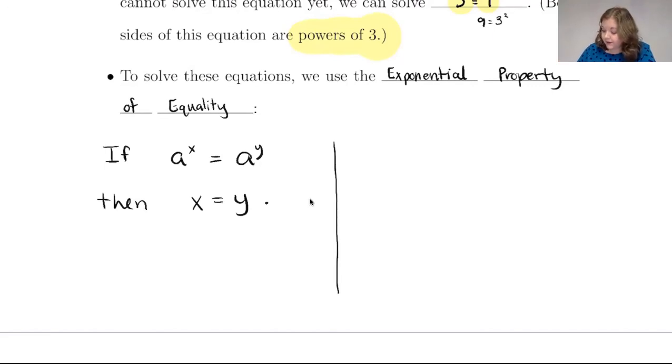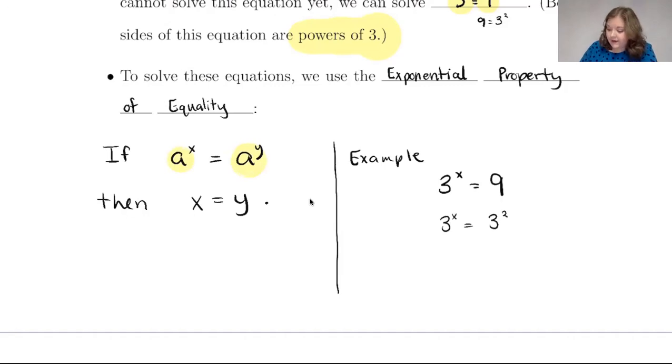So if we do the example from above, 3 to the x equals 9. Well, we need the same base. So if you look over here, we have a and a in the bottom. We need to have the same base. Well, we know 9 is 3 squared, so we can write it as 3 to the x equals 3 squared instead of 9.